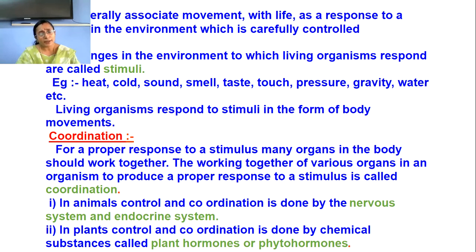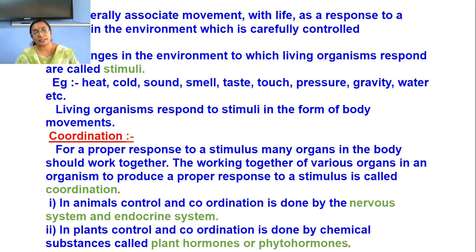You have studied the different systems like the digestive system, the excretory system, the respiratory system, the circulatory system. All of them function in the body for us to be able to respond to the environment. This working together of the different organs in our body in order to provide a proper response to a stimulus is called coordination.